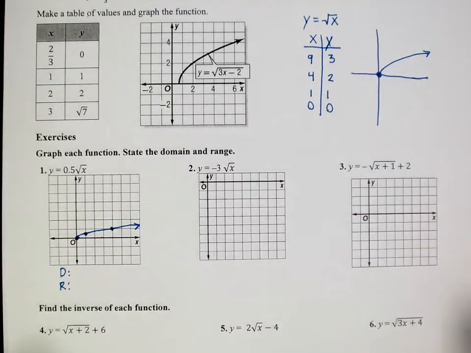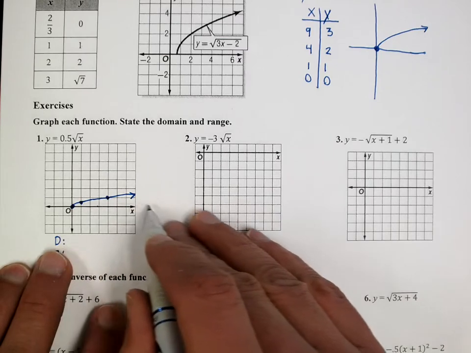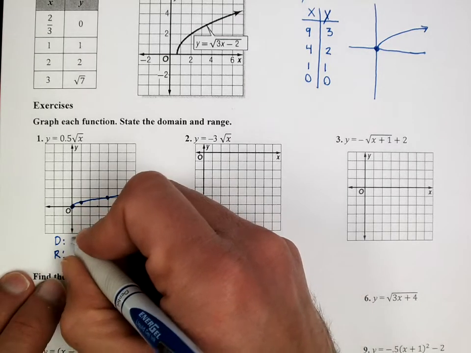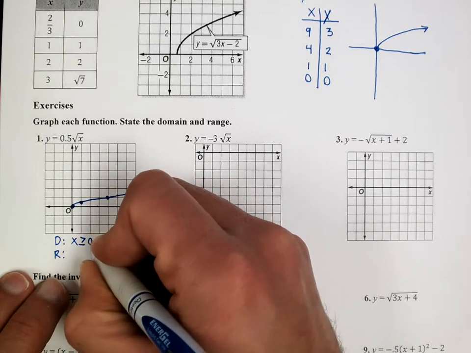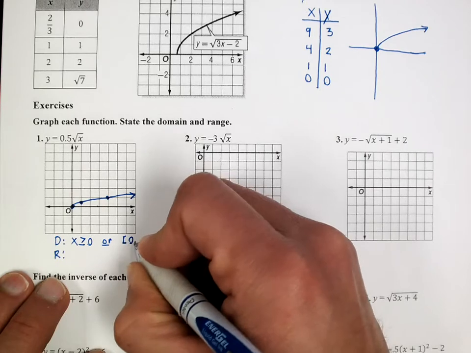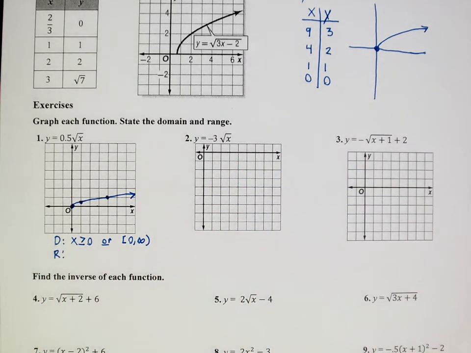The domain of this would be, remember, it starts right here and goes to the right, so you have two ways to write it. You can write x is greater than or equal to 0, or you can write between 0 and positive infinity. It doesn't matter how you write it, just pick one.